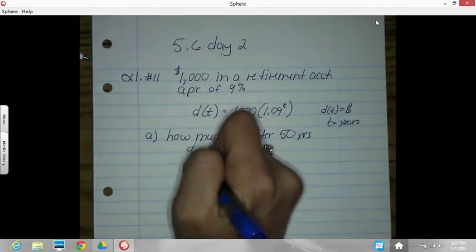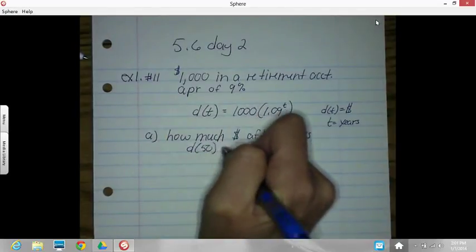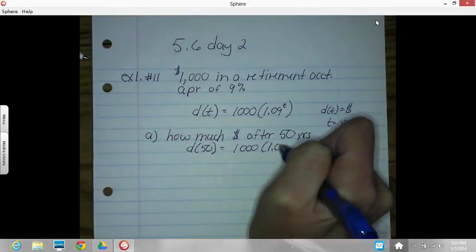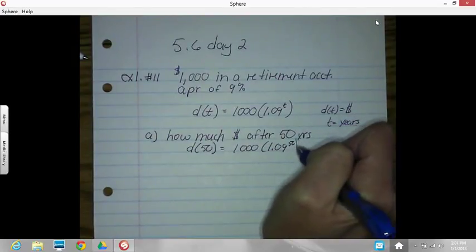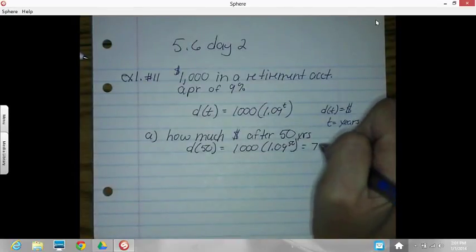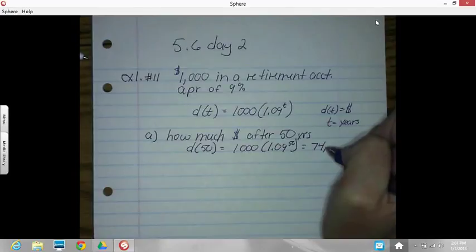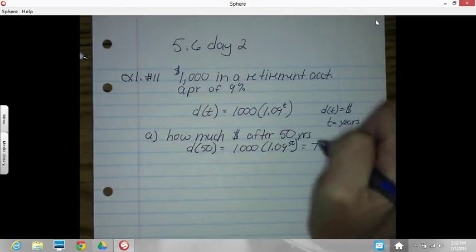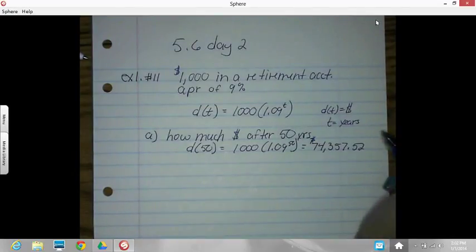So the dollars at 50 years is whatever 1,000 times 1.09 raised to the 50th power is. And I'm assuming you can do that on your calculator. Oh, quite a bit. $74,357.52. That's quite a bit of money.